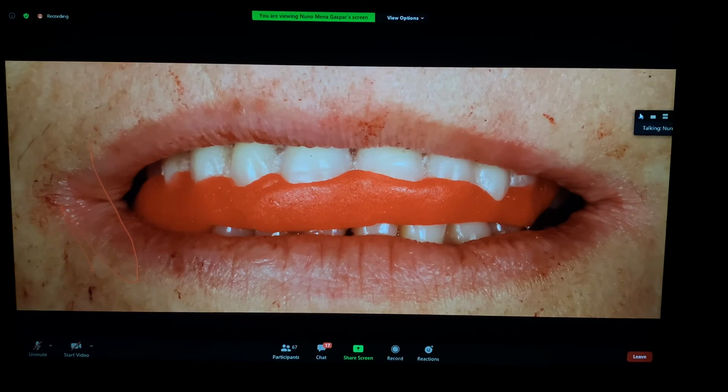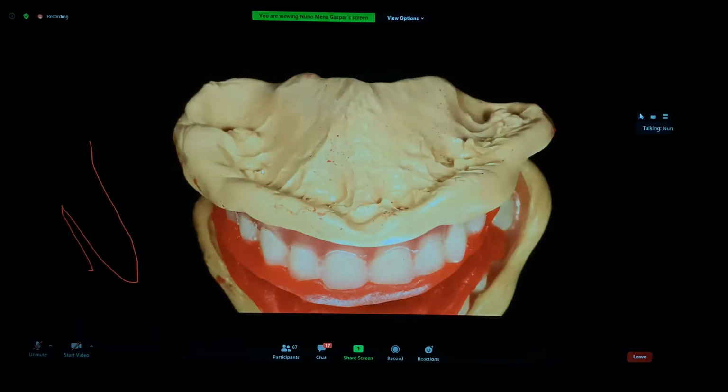Okay. With the resin I made at the beginning of the surgery, I fill my prosthesis with silicone and place it. My patient bites, and after this, I get the reference of the healing abutments. My technician cuts here.